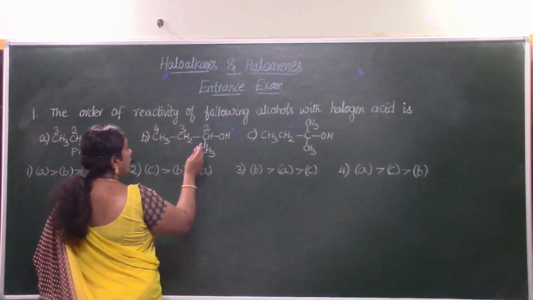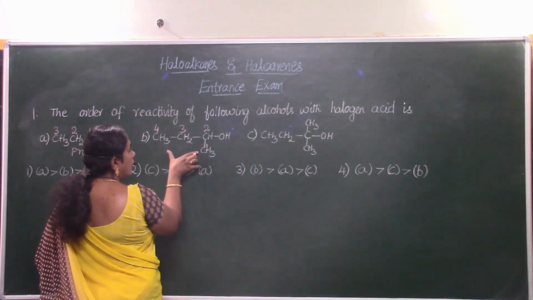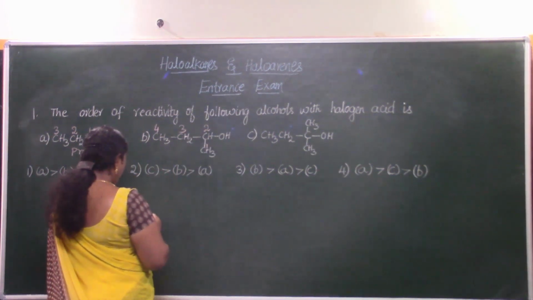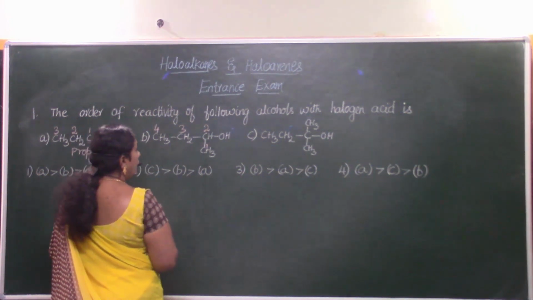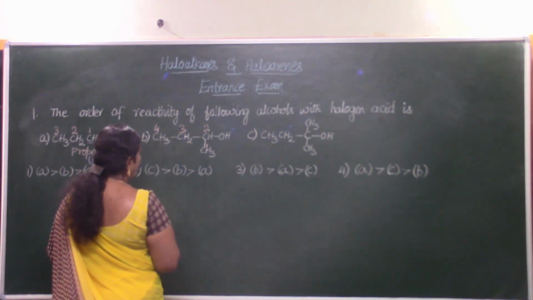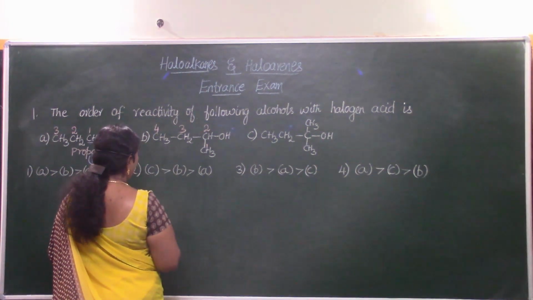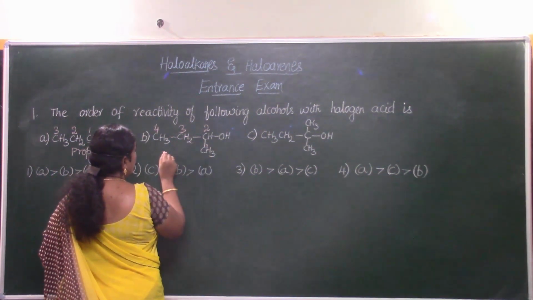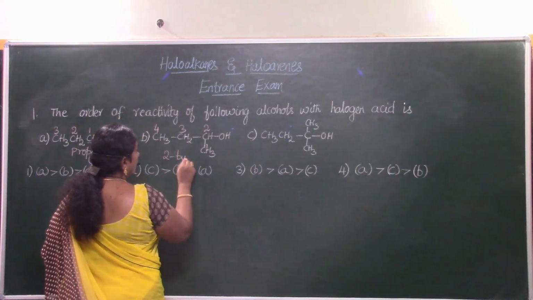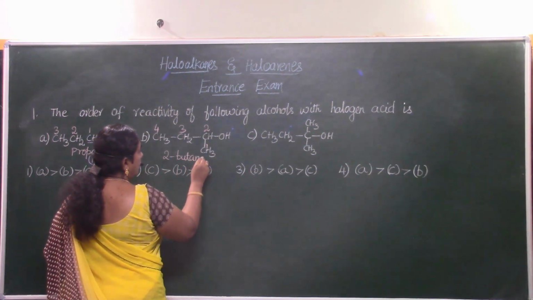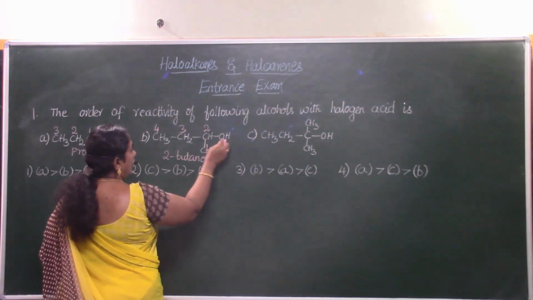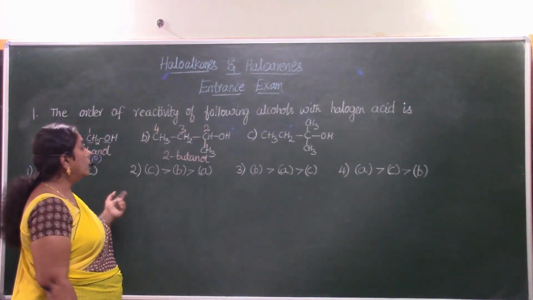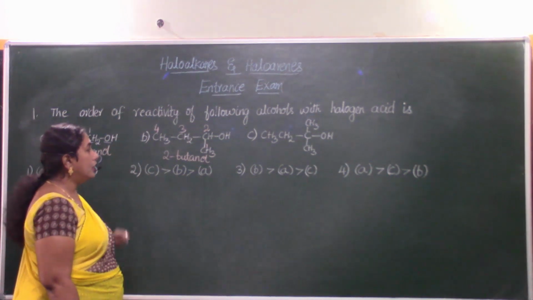Then what is the name of this compound? 4 carbon atoms saturated and there is OH in the second carbon atom. So the name of this compound will be 2-butanol, or one more name that we can give is 2-hydroxybutane. 2-butanol or butane, 2-ol or 2-hydroxybutane, all of them are correct IUPAC names.